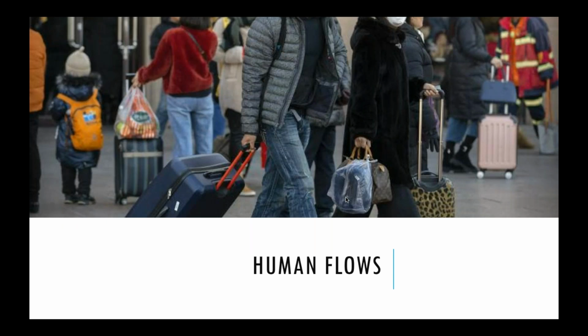So the first point that I want to make here is on the point about human flows. Simply put, in 2003, when there was the SARS crisis, the nature of the human flows in the world in general and in China was very small compared to the human flows today.